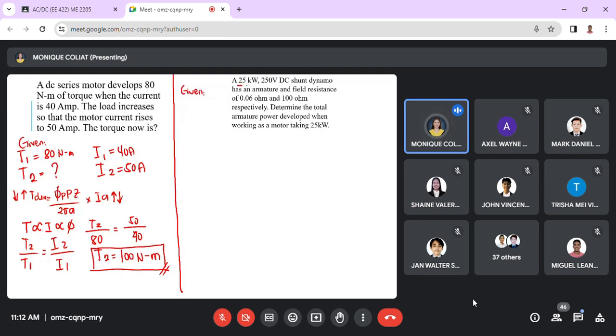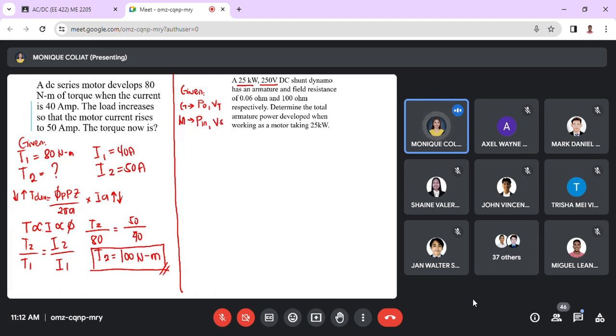In a generator, a rating like that is PO and VT, right? So, when we reverse it for the motor, it is Pin and VS. It is the input power and the source voltage.